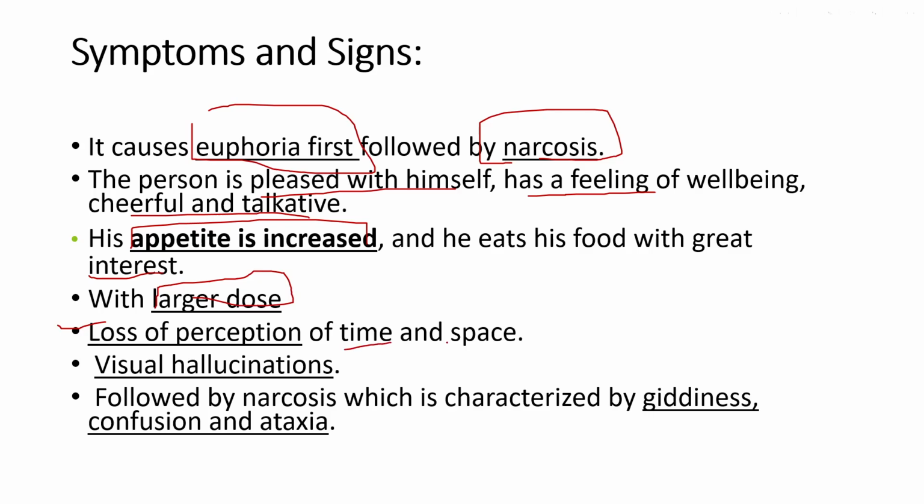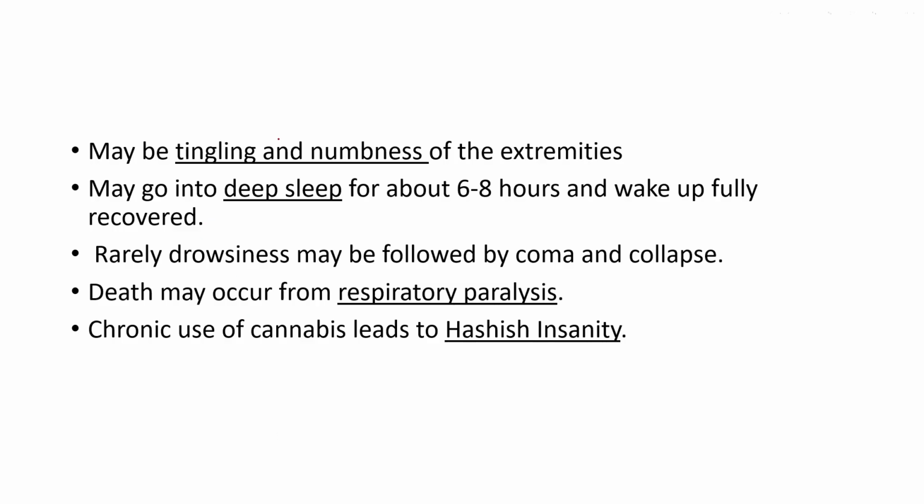He doesn't know the time or place where he is. He has some visual hallucinations that lead to deep narcosis, characterized by giddiness, confusion, and ataxia. There might be a tingling or numbing sensation at the extremities with a deep sleep for almost 6 to 8 hours, after which he wakes up fully recovered.